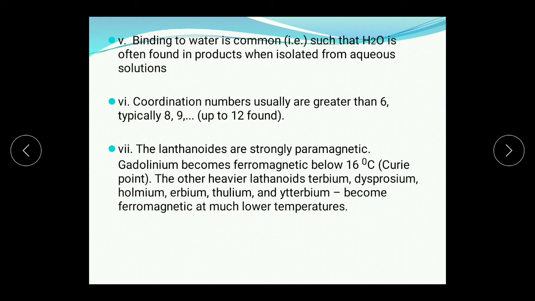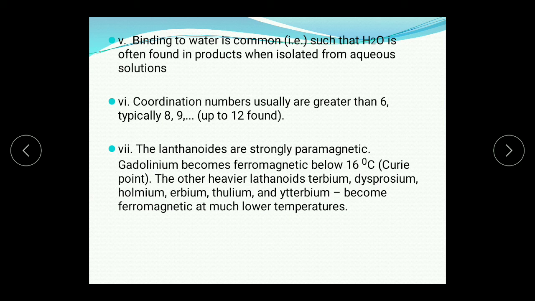The f orbital can accommodate 14 electrons because f has 7 orbitals, 7 different orientations. As per Hund's rule, when electrons are added, they first occupy all the orbitals singly and then pairing starts. That means there are many unpaired electrons in the outermost shell.